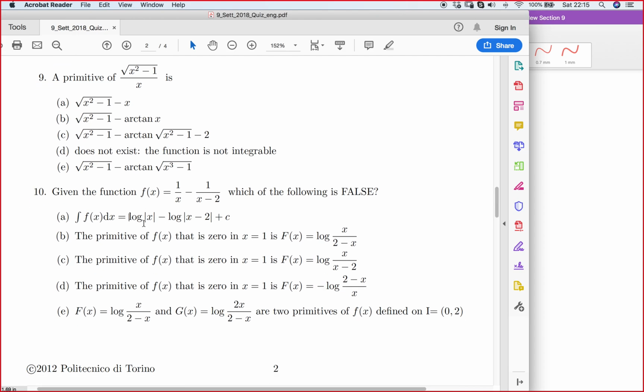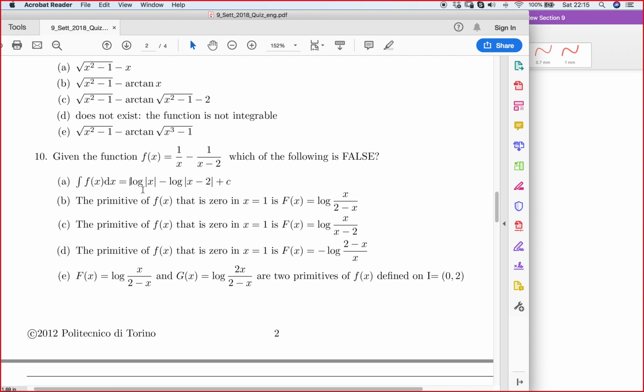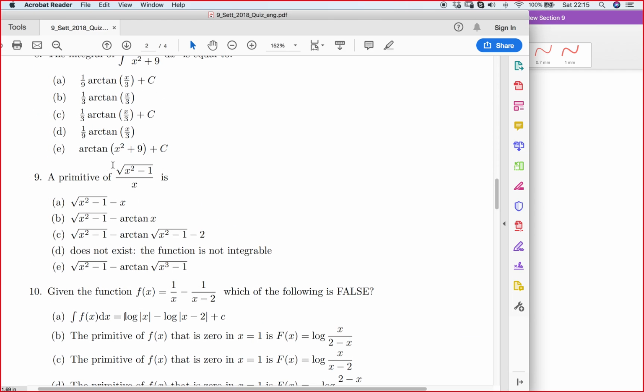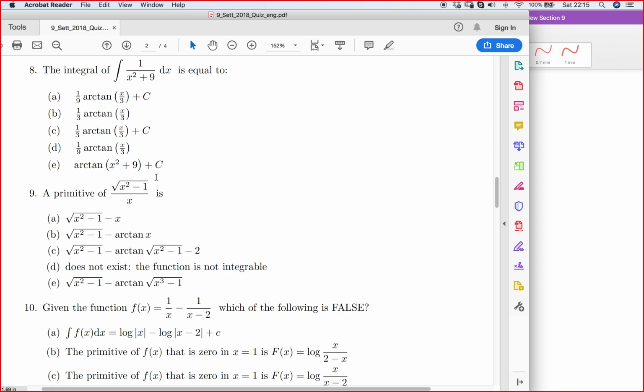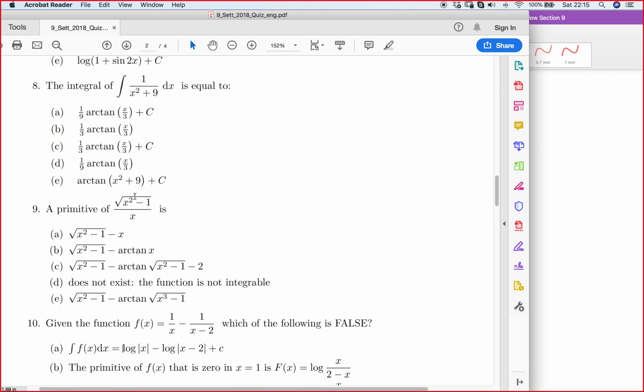Now, as you should probably know, you should not miss this kind of question at the exam, because if one doesn't know how to integrate, he can just derive until he finds which one matches the given function.